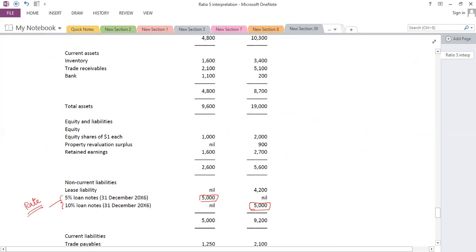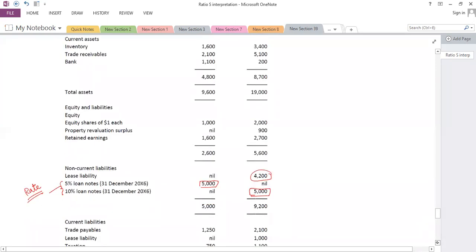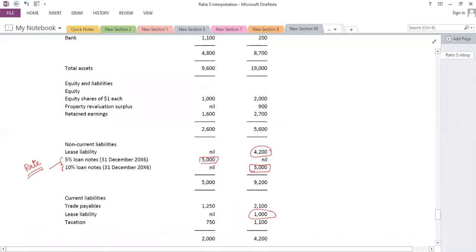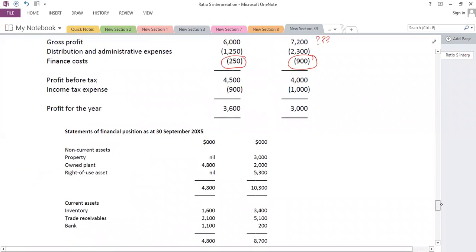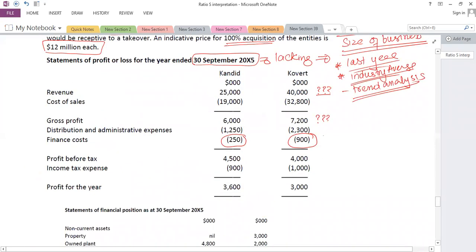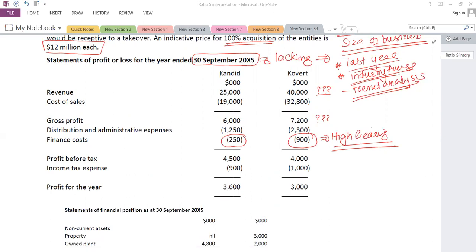One company has lease liabilities 4,200, also as current portion of lease liability, and as a result we can write, obviously you will get marks, that high gearing is the reason due to which we have to incur high finance cost.